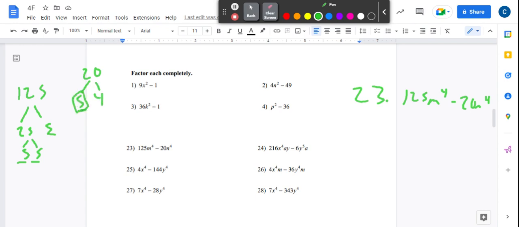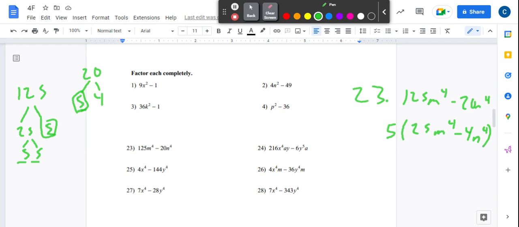So 125 and 20 both have a common factor of 5. We can divide a 5 out of this. If we pull a 5 out, 125 divided by 5 is 25, so we have 25 m to the fourth. Negative 20 divided by 5, we have negative 4 n to the fourth.